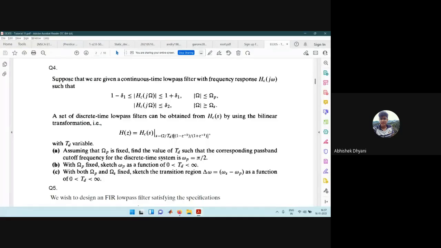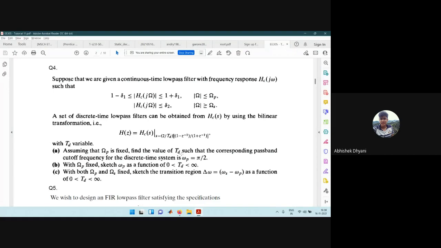The questions are actually quite straightforward. The first one says, if we fix capital omega p, which means that we have fixed the passband frequency, we want to find the value of Td such that the corresponding passband cutoff frequency for the discrete time system, small omega p, is pi by 2, right?